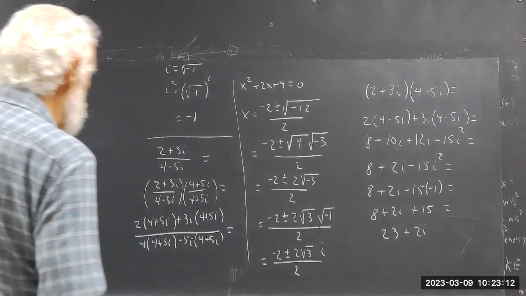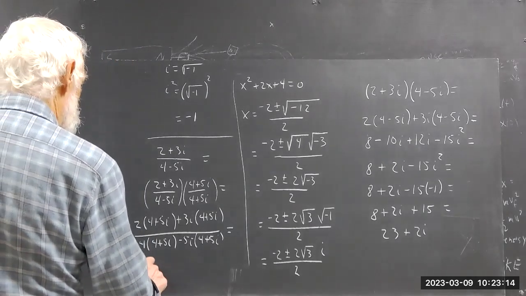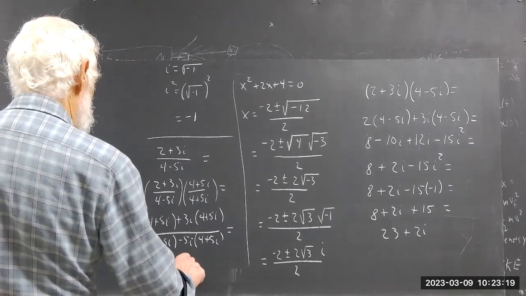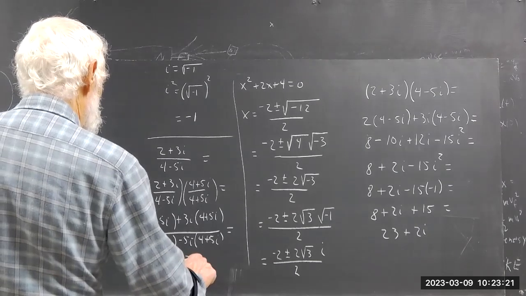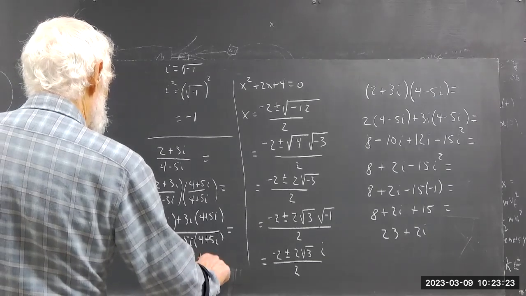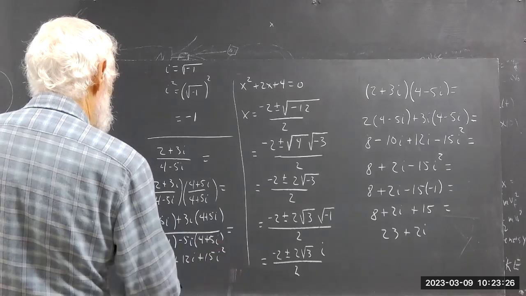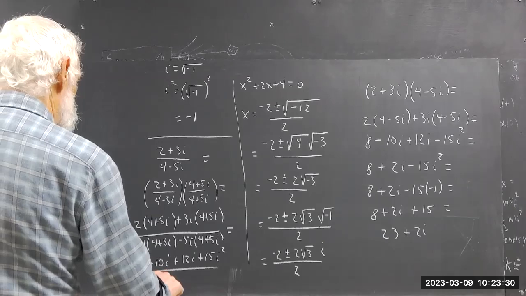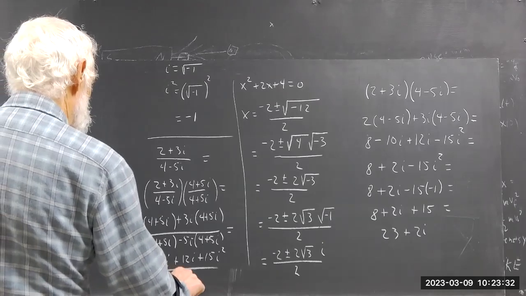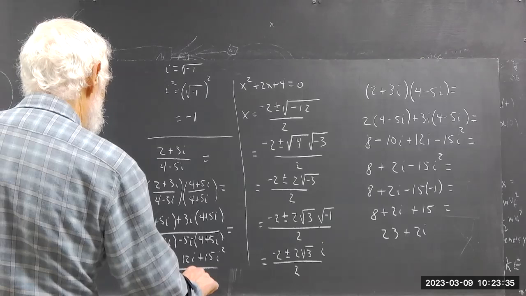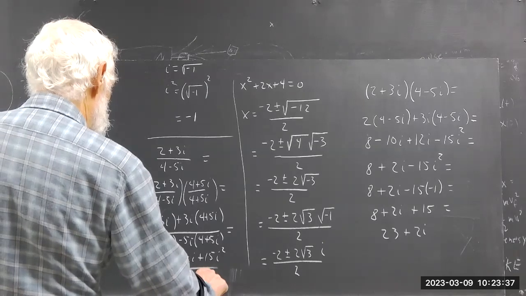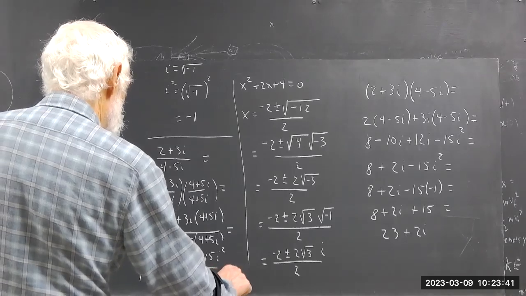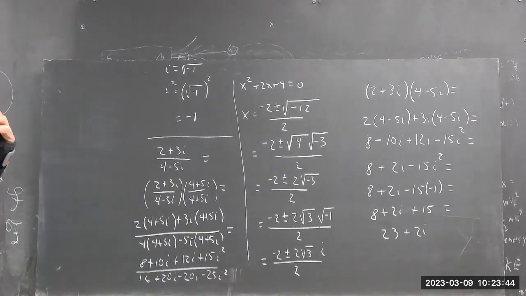Now, when we multiply this out, we get 8 plus 10i plus 12i plus 15i squared over 16 plus 20i minus 20i minus 25i squared.